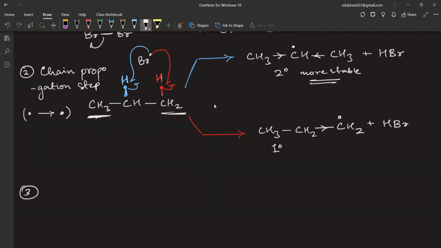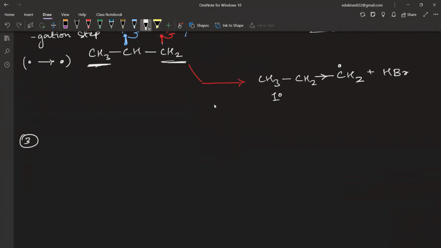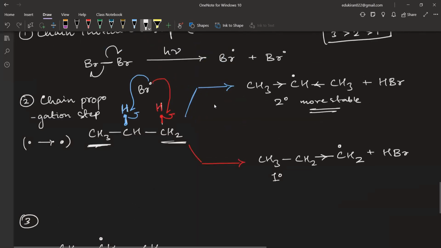Write the third step. CH3, CH free radical, CH3, because this is the major one, and the 2 degree is more stable. That is why more and more of the blue product will be formed.